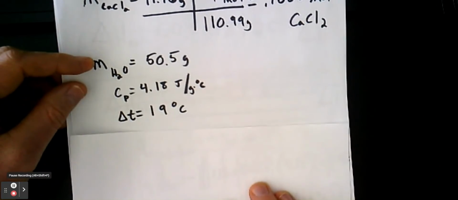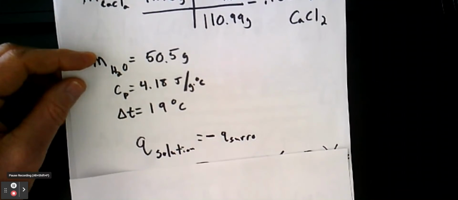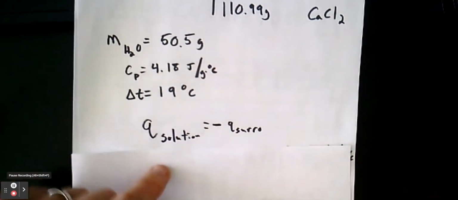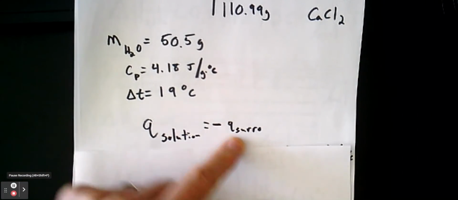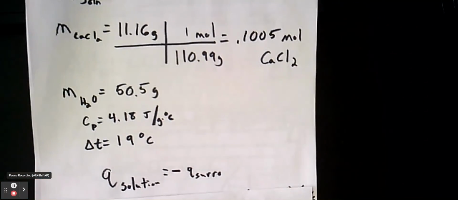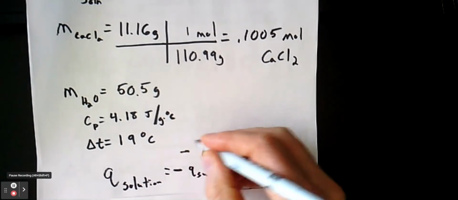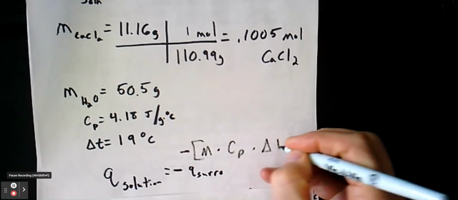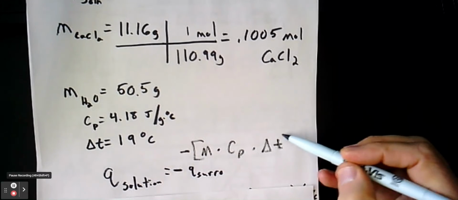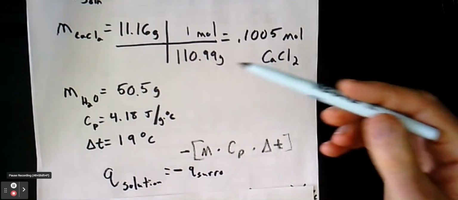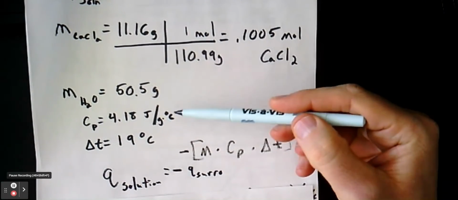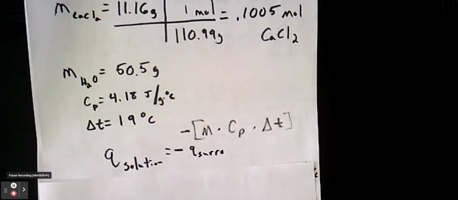Now, my heat loss is going to be my heat gained, or the heat of solution is the negative heat of the surroundings. Then I plug these things in, where my mass is these two added up, times this, times this.